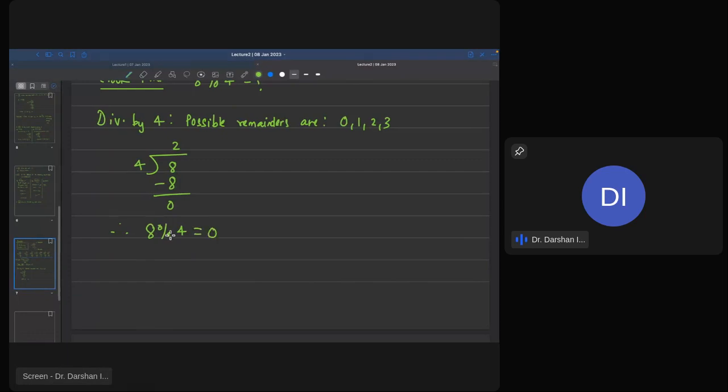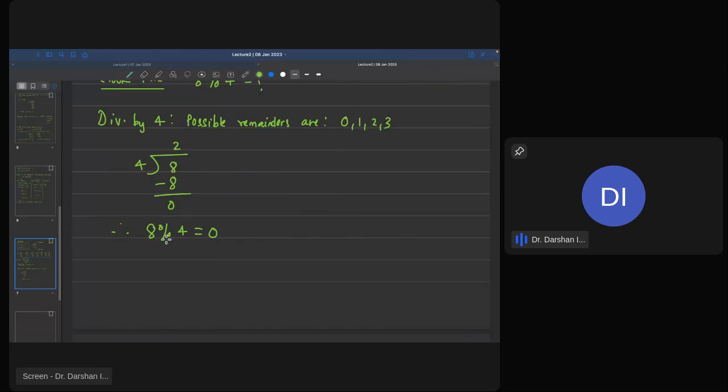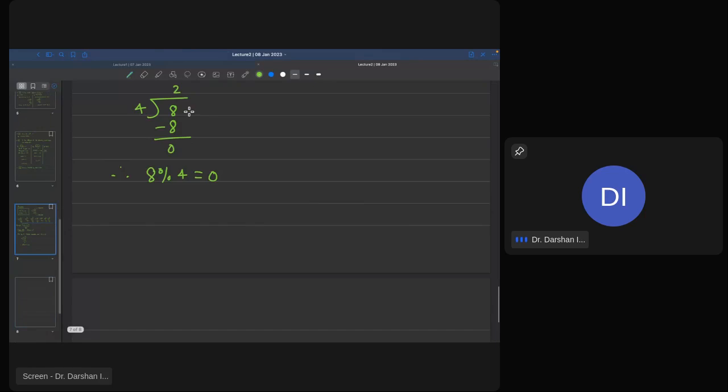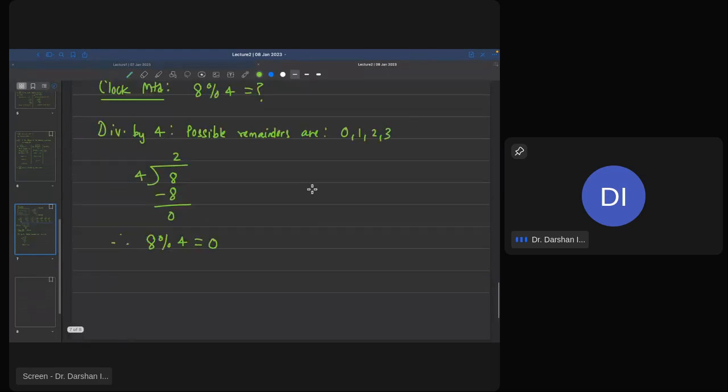Where is the clock method? I'm starting it now. If you like it, you use it, or you can use the regular way as well. I want to calculate 8 modulo 4.